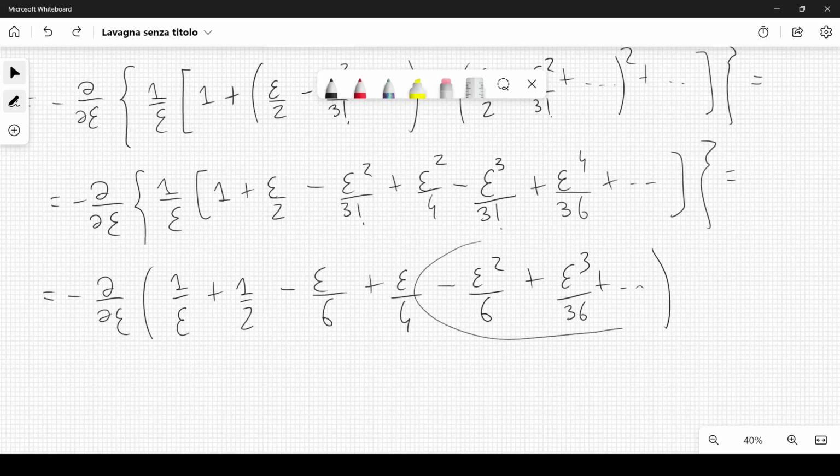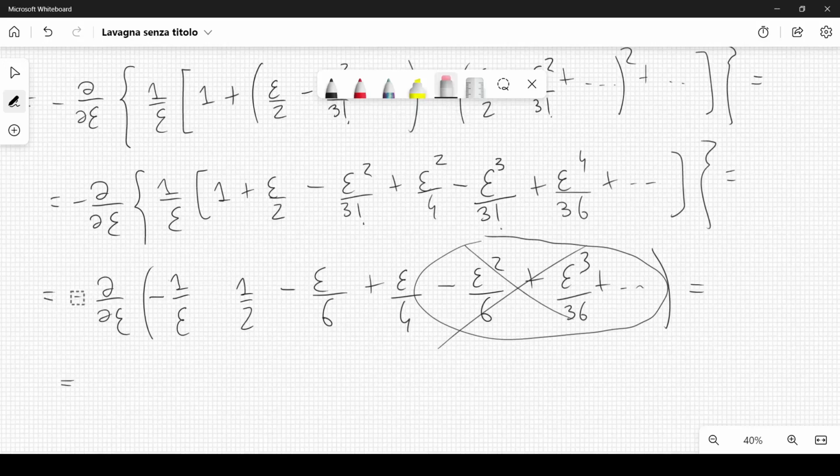So all these terms are negligible, because when we let epsilon go to 0, they will cancel. So we are only interested in this first part, because if we take the derivative, this part will not go to 0. Actually, we have one first term which will diverge. So let me put this minus sign here. So we have minus.